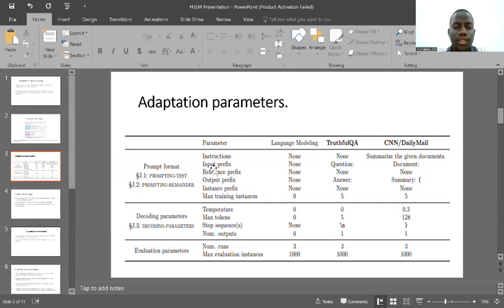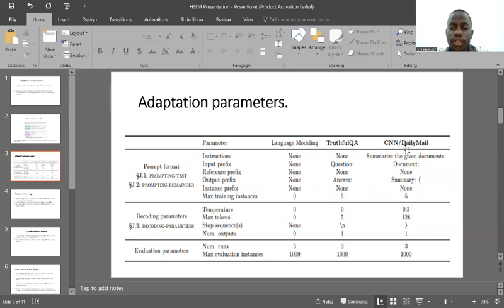And then these are the parameters, where we have instructions amongst the parameters. For the instruction parameter, in the language modeling scenario we do not have any instruction. So it has none. Truthful question answering also has none.